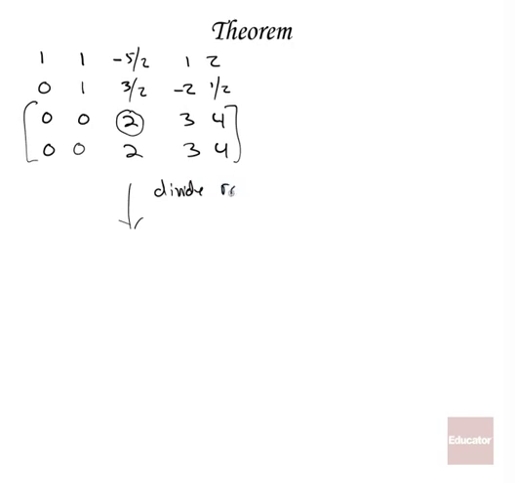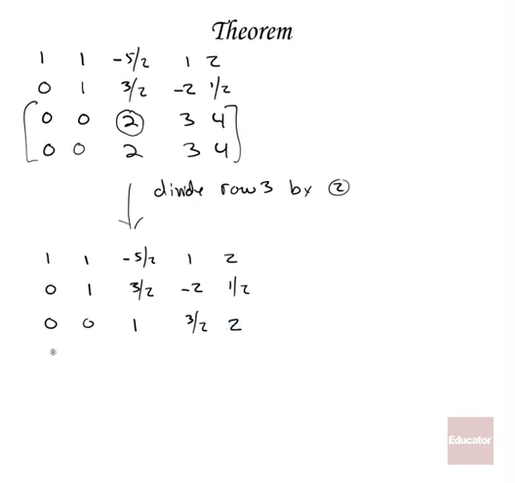So we will divide row 3 by 2 to make it a 1, which turns everything into 1, 1, minus 5 halves, 1, 2; 0, 1, 3 halves, minus 2, 1/2; 0, 0, 1, 3 halves, and 4 divided by 2 is 2.